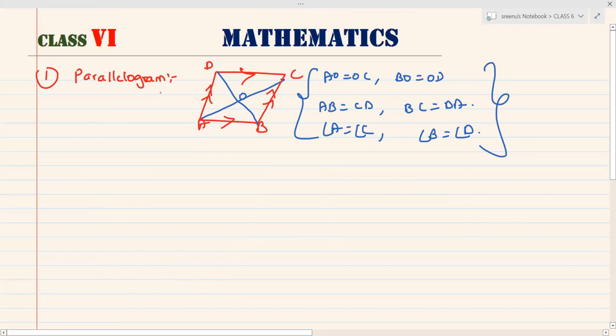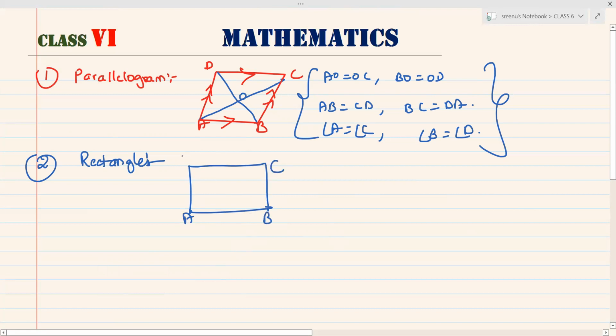A parallelogram is similar to a rectangle, but the angle is not 90, while in a rectangle it is 90. Next one, rectangle. Parallelogram and rectangle are almost similar, the only difference being that each angle in a rectangle is 90 degrees.